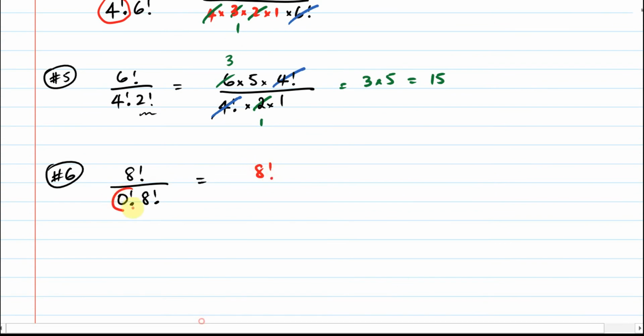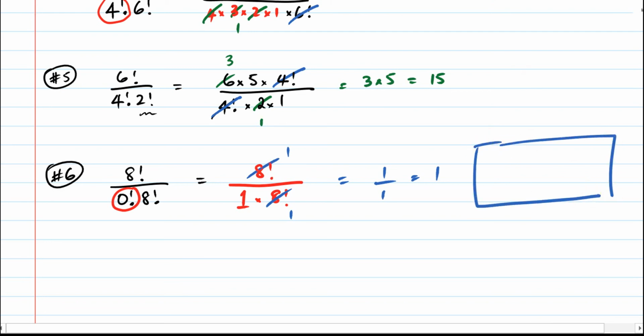Do remember 0 factorial is simply 1. The 8 factorials will cancel each other. So I end up with 1 over 1, which is 1. Right? So please remember or note that 0 factorial is 1.